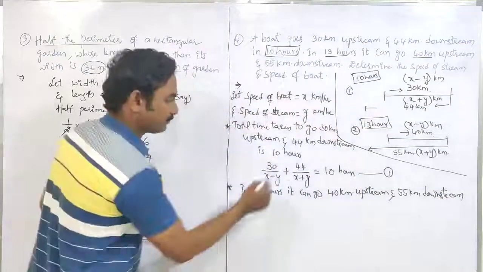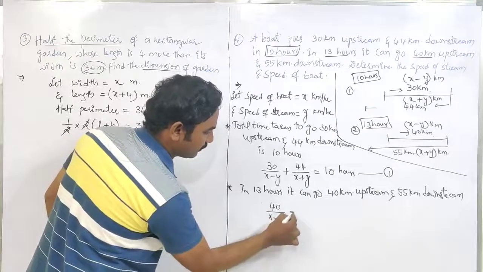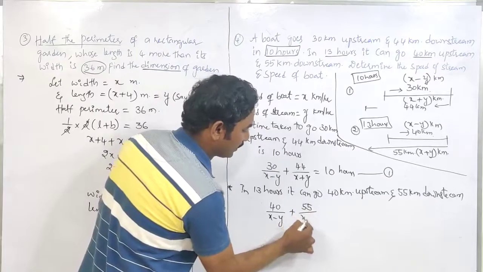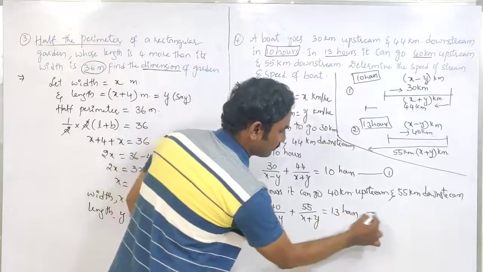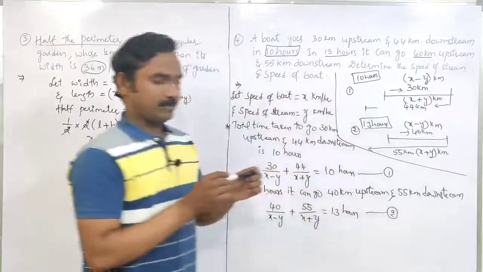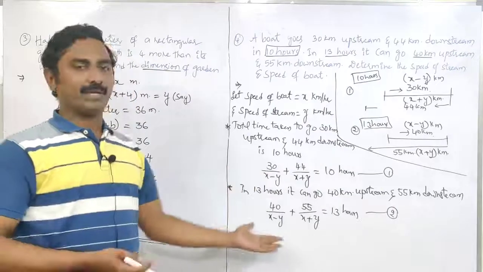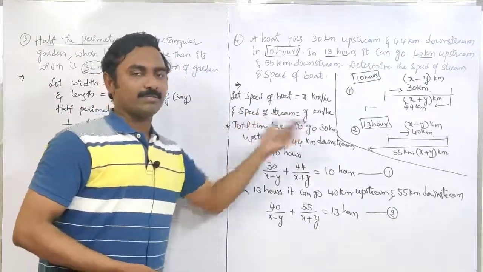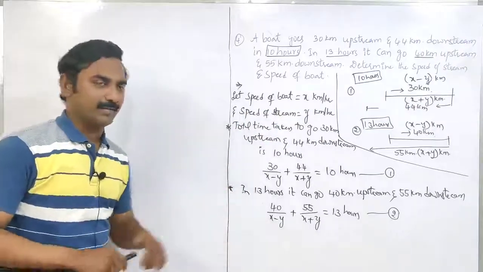So same, 40 kilometer upstream x minus y plus 55 kilometer downstream x plus y. It is totally taking 13 hours. Now if I solve these two equations, then I get the value of x and y. X is equal to the speed of the boat and y is equal to the speed of the stream.